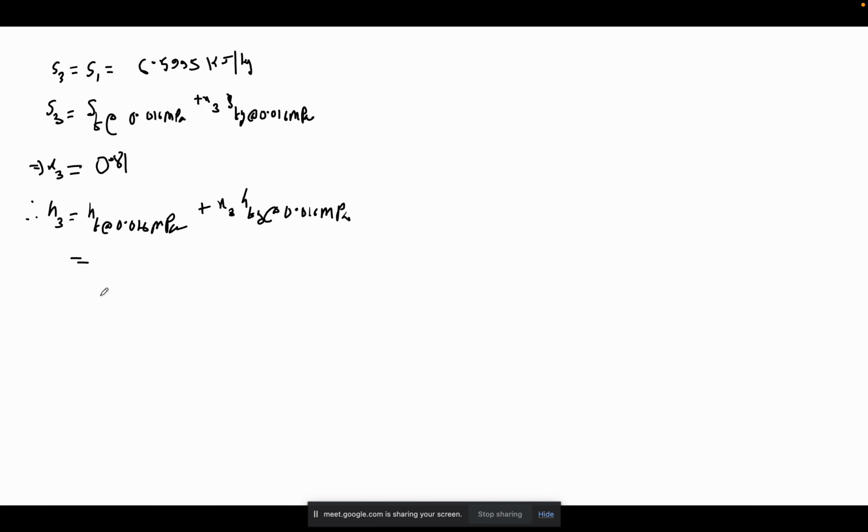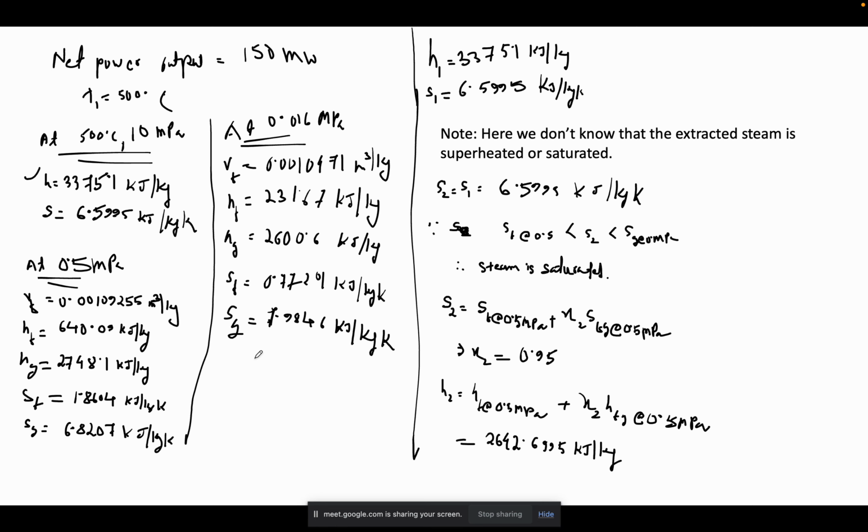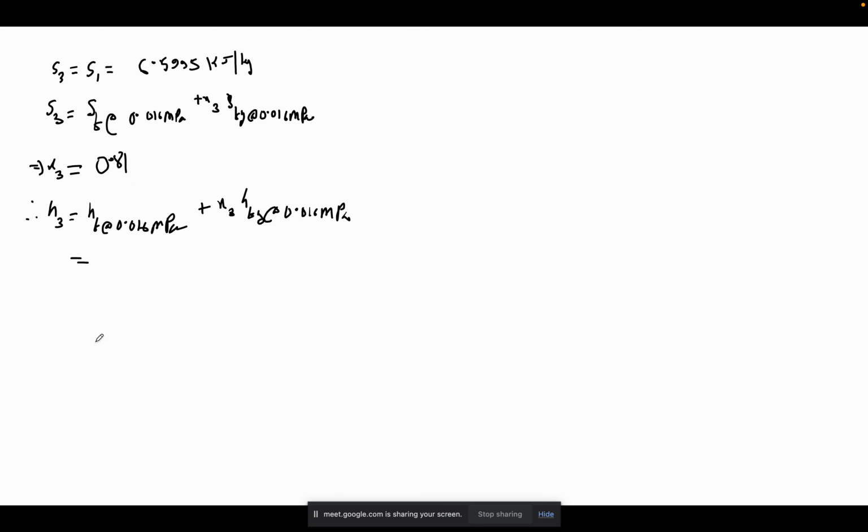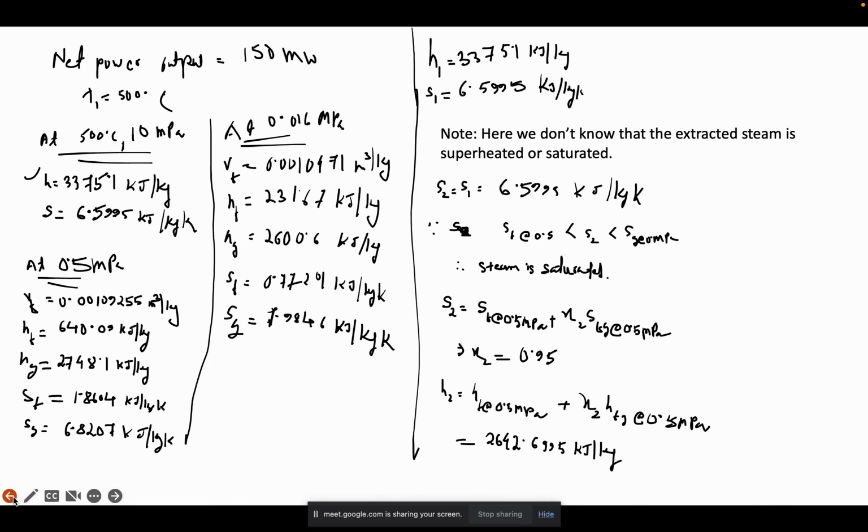Okay, 0.81 into (2600.6 minus 231.67) plus 231.67, that is 2150.5033 kilojoule per kg. Okay, so I have got H1, I have got H2.